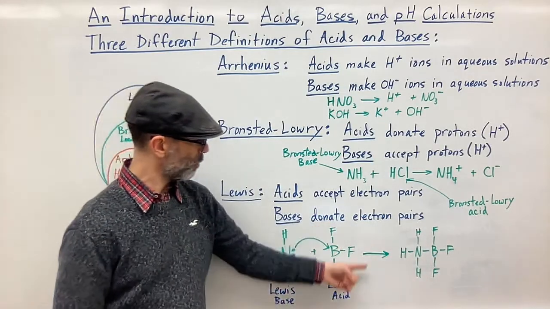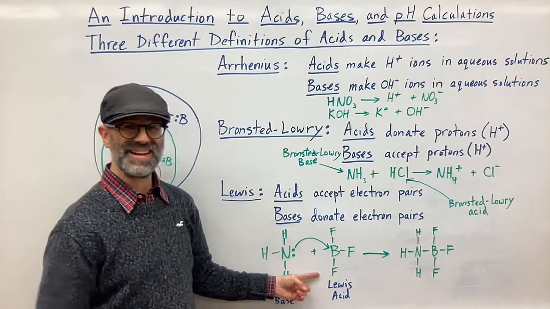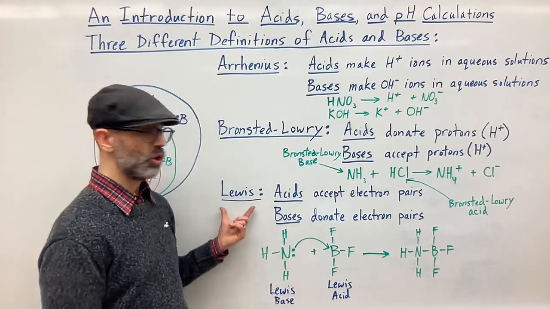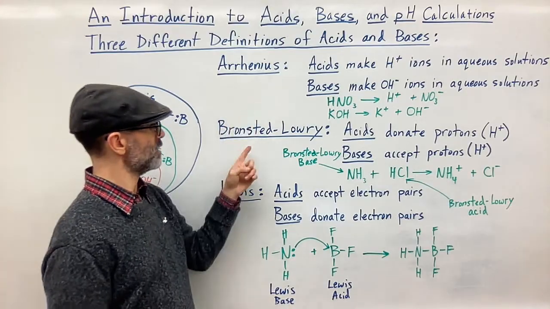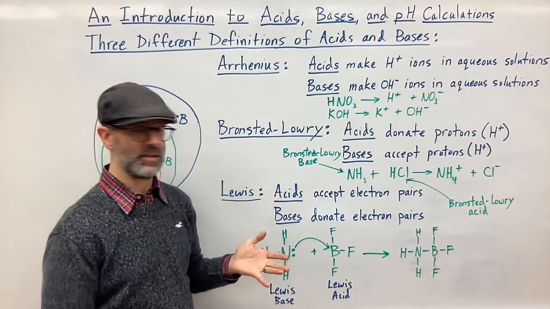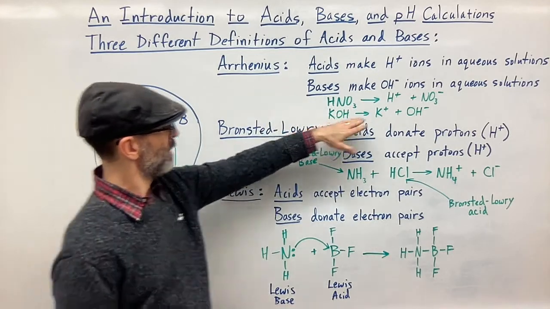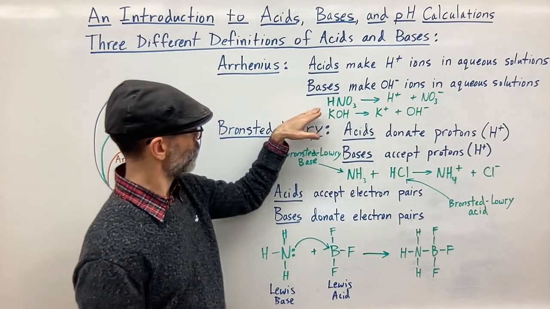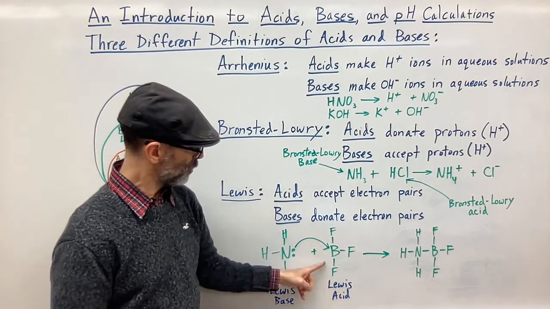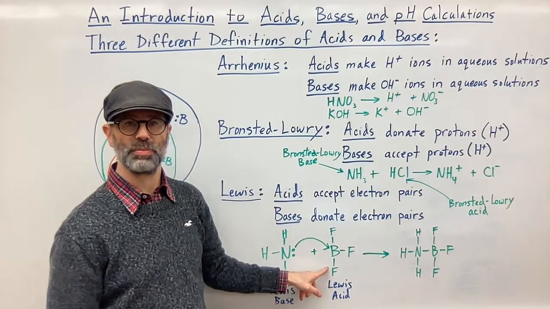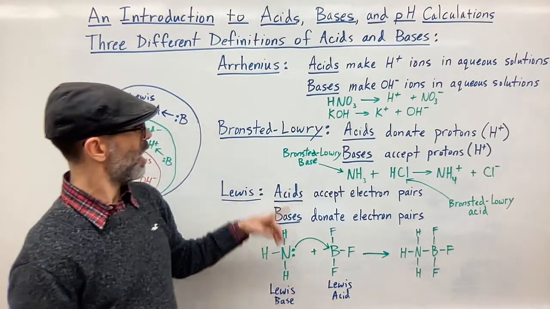Now, the thing I want to point out here is this BF3 is an acid according to the Lewis definition. But according to the Arrhenius and Bronsted, it is not an acid, right? So according to the Arrhenius definition, it would be an acid if it produces H plus. But here, it's not producing H plus. It doesn't have an H plus to produce, so it's not an acid according to that definition.